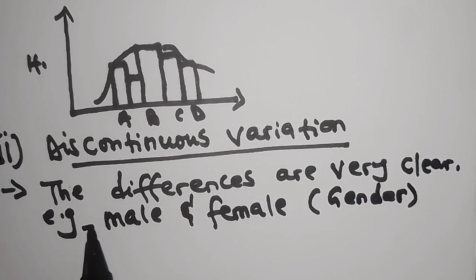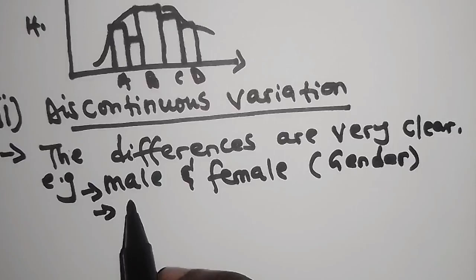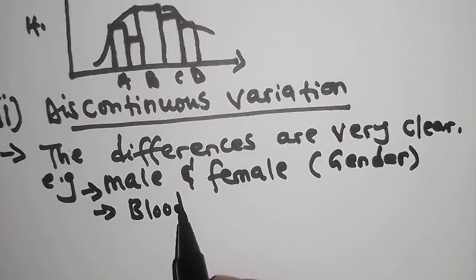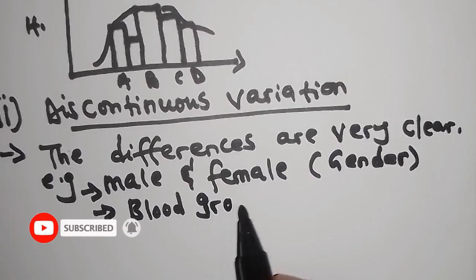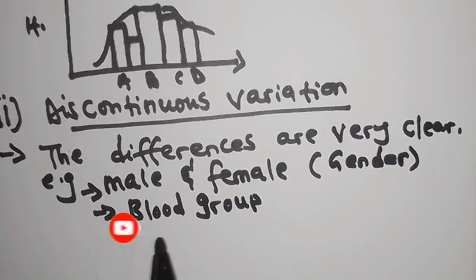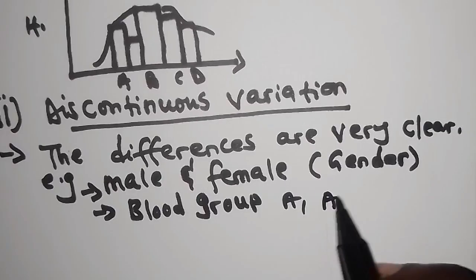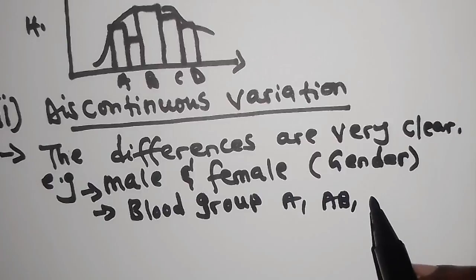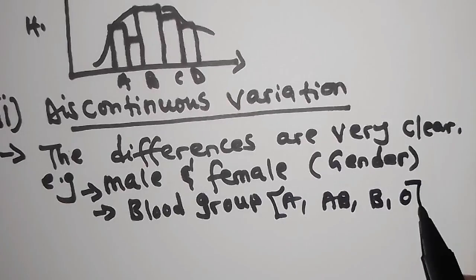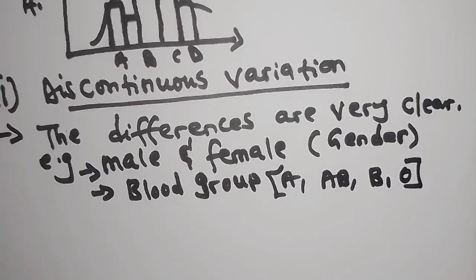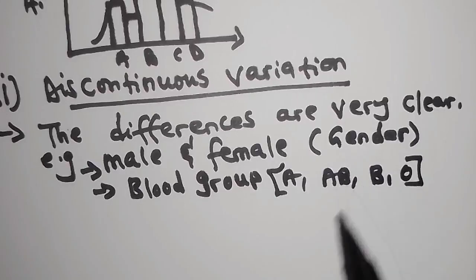And then another example that you can give under discontinuous is blood group. If you belong to blood group A, maybe, or AB, or blood group B and O, you cannot be in between the blood groups. If you are in A, you are in A. If you are in AB, you are in AB.